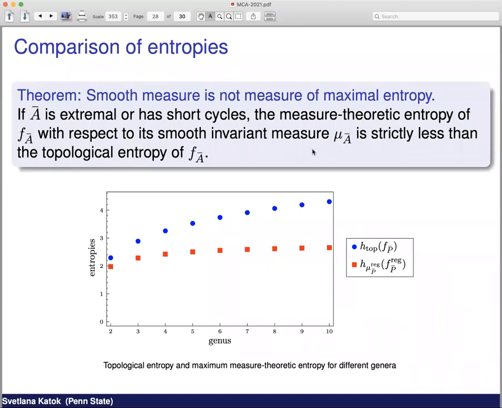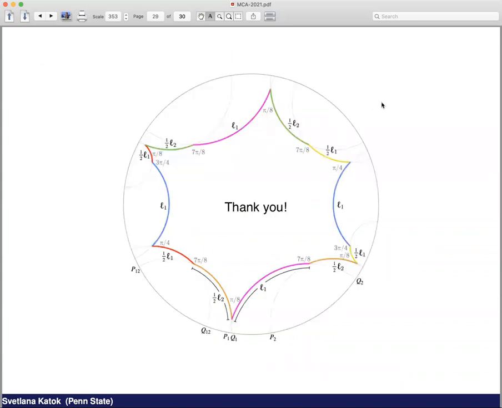You see the graph here. I take the regular one because it's the maximal, but still the topological entropy is bigger, so the topological entropy is achieved on a measure which is not smooth. Okay, all right, thank you very much.